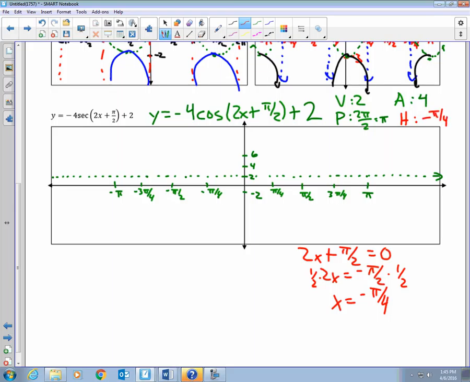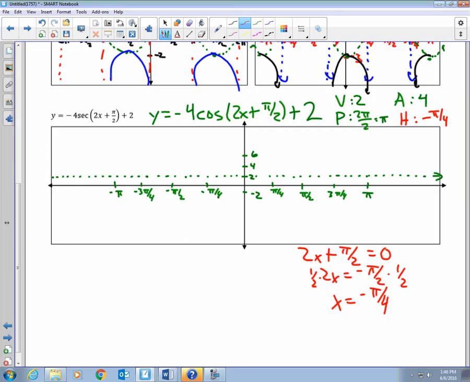So how much of a tick mark is pi over 4? It's 1. Since it's negative, it's going to go in the left direction. So here's what I can do. Where does cosine want to start? Max, min, or middle? Minimum here. So it wants to start right here, right? But I'm just going to do the shift right now.